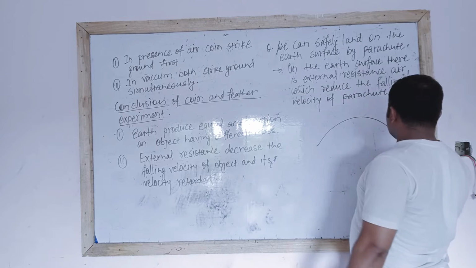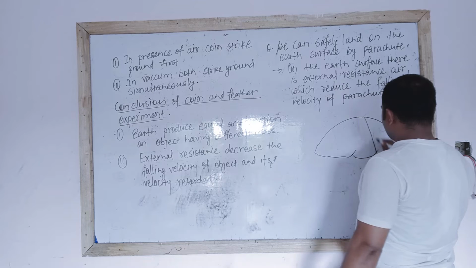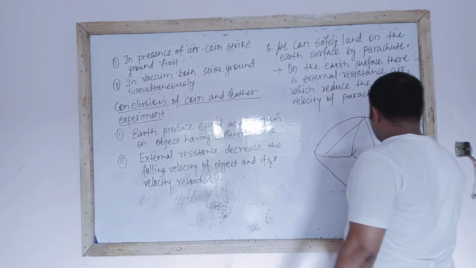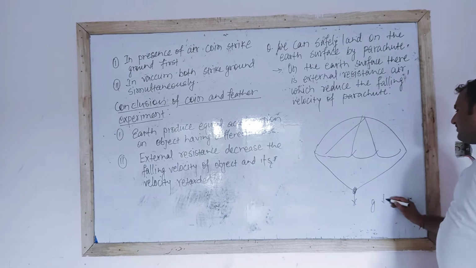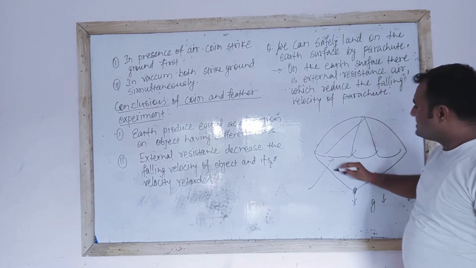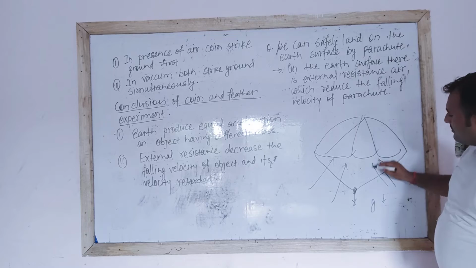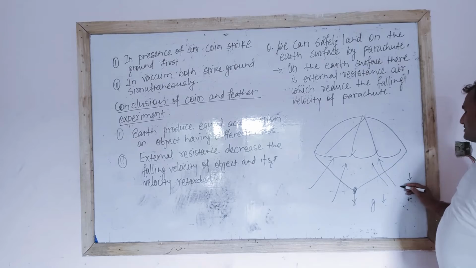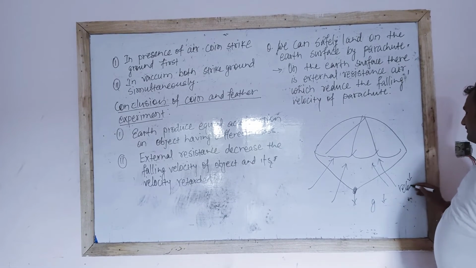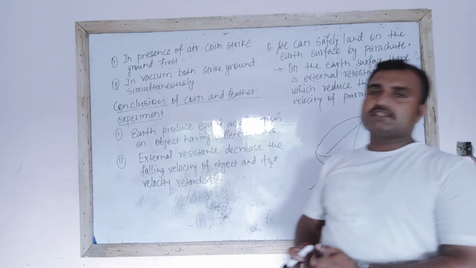Suppose we consider that here it is a parachute, and when we jump from an aeroplane, gravity causes it to fall downward, and air resistance, due to the large surface area, pushes it upward, and finally its velocity slows down and it safely lands on the earth surface.